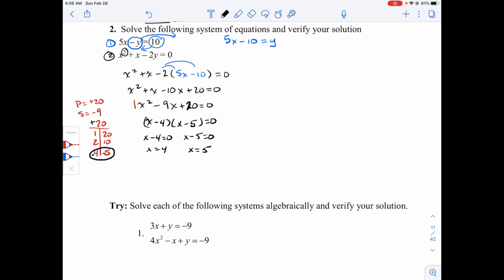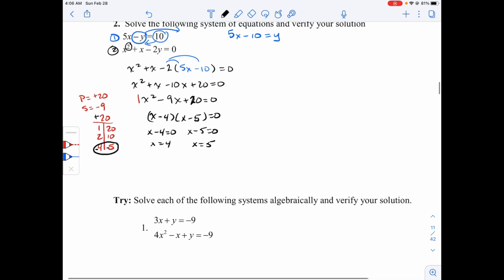Now I've got the first half of my system, and I still need to solve for y. When x is 4, y is 5 times 4 minus 10, using this third equation up here. So y is 20 minus 10, which is 10.